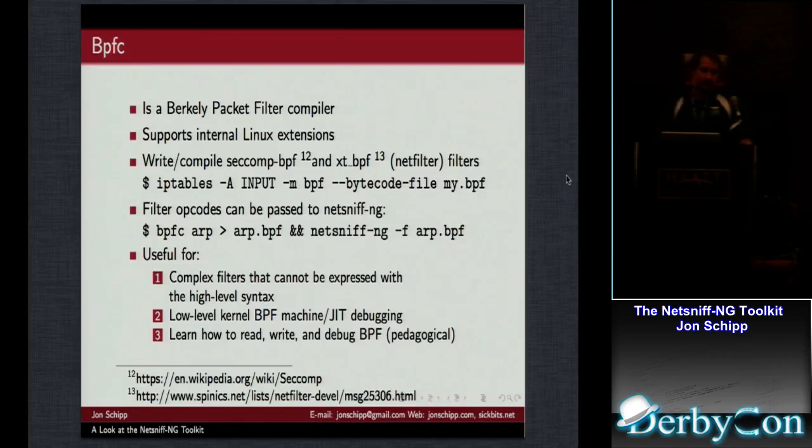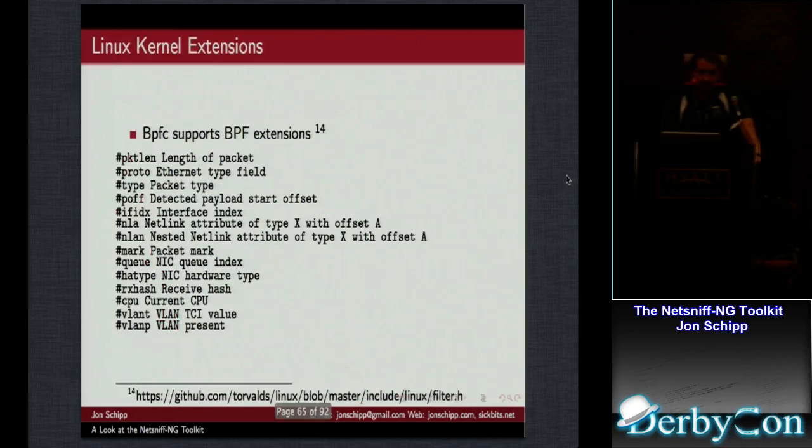So, like I said, some of the kernel extensions that can't be expressed in the high-level syntax can be done in this, and there are a lot of other instructions that aren't exposed in the PCAP. This is mainly used for kernel devs to do network development. Like when bugs are found, they'll use this to test this compiler versus a different one. And here are some of the BPF extensions.